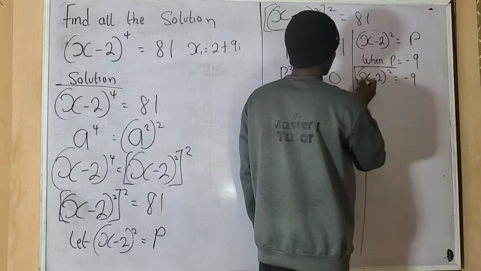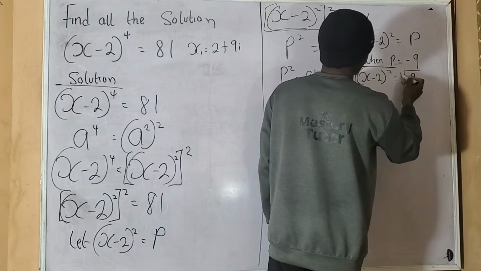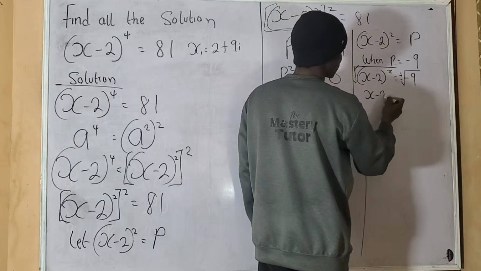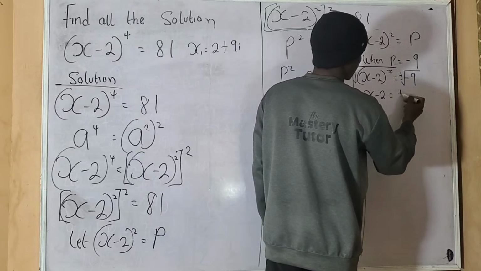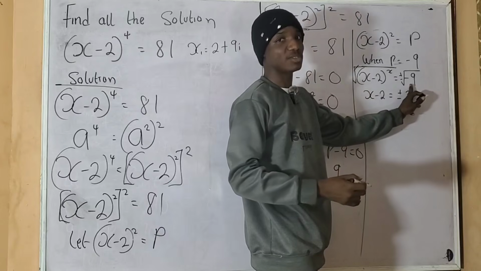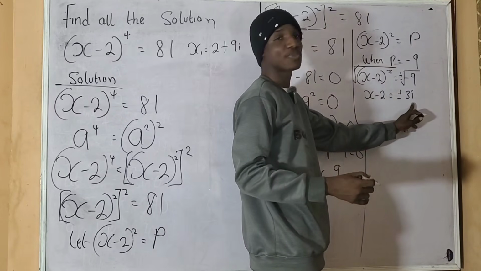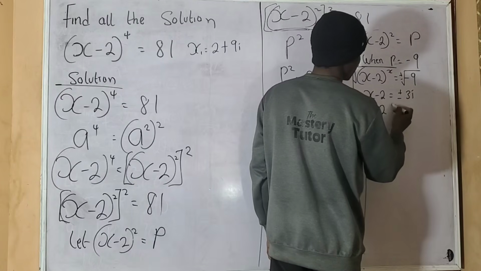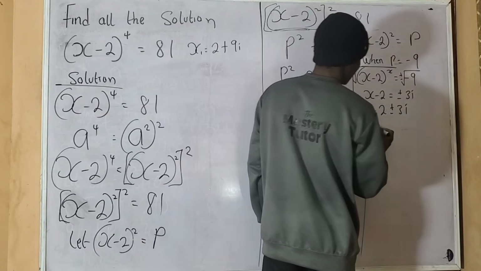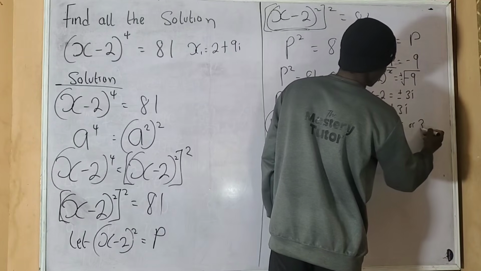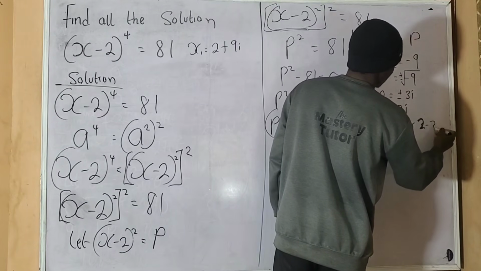Now, take the square root of both sides. I'm going to have x - 2 = plus or minus 3i. This is a complex number, you understand? So x = 2 plus or minus 3i. x = 2 + 3i or 2 - 3i.